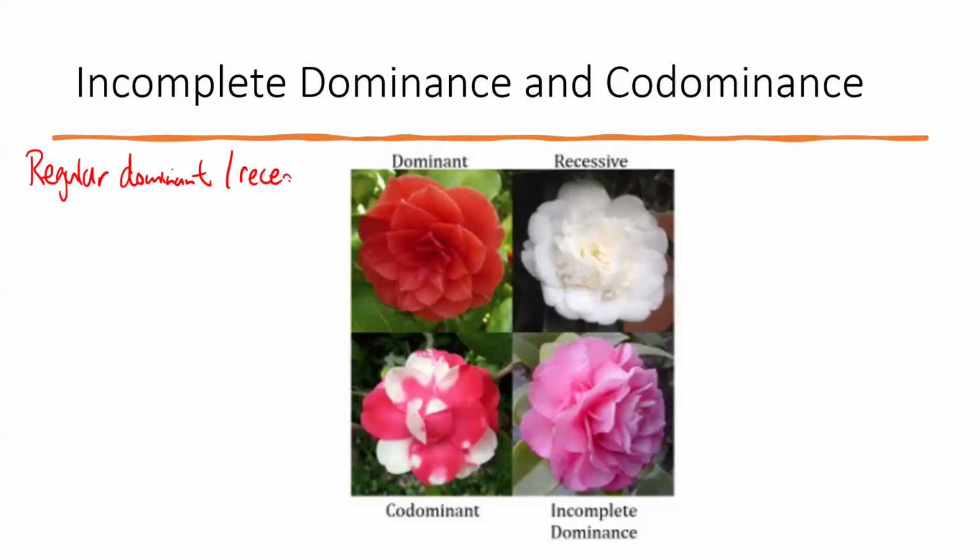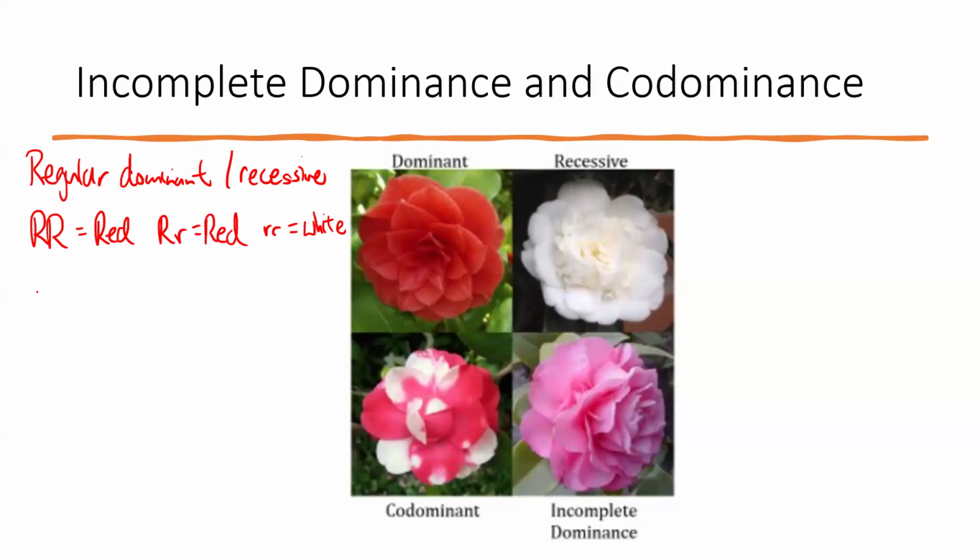If it's big R, what's the color? It's not a trick question. Big R, what's the color? Okay, yeah. And then big R, small r, small r, white. That's what we've been learning since last week. That's the regular dominant recessive pattern in which the dominant allele covers up the recessive allele.